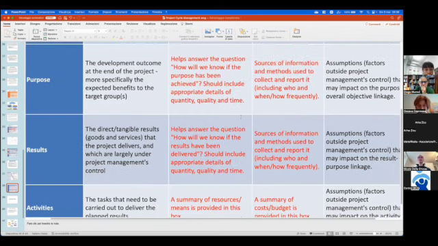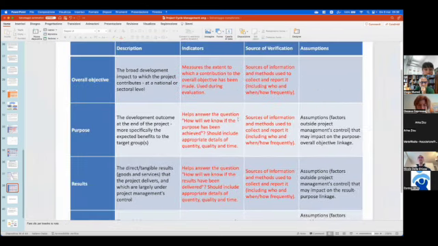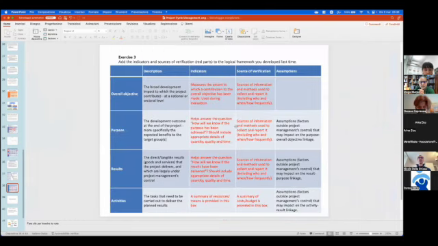Very quickly, I just show you the exercise for the next session. It would be in the same table you used for the logical framework to add some indicators and sources of verification.